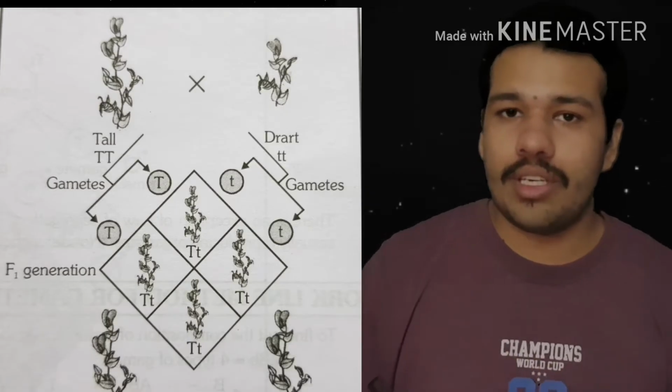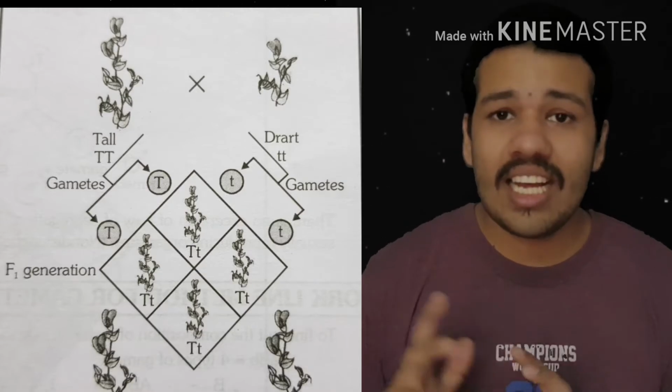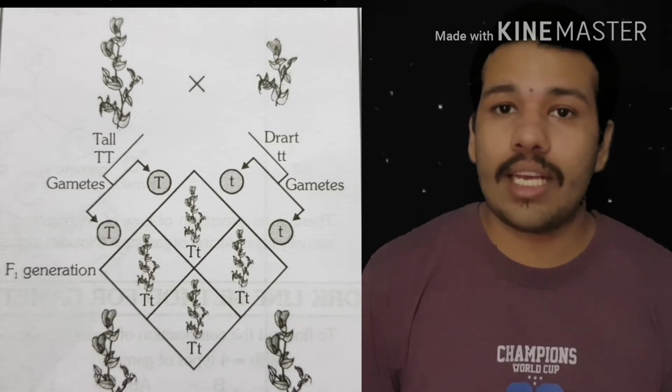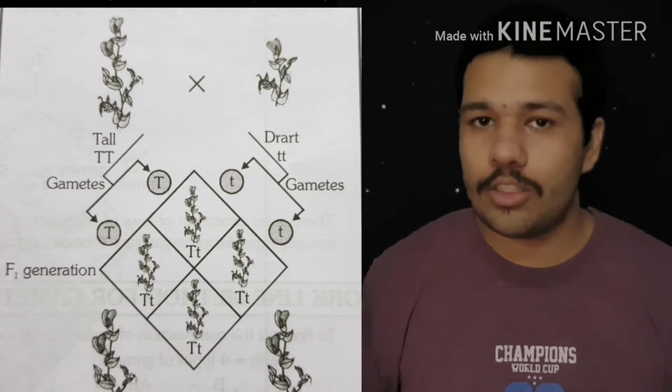Let's take a very short example here. Consider two plants, one homozygous tall and the other homozygous short, which means their pairs will be capital T and capital T, and small t and small t.